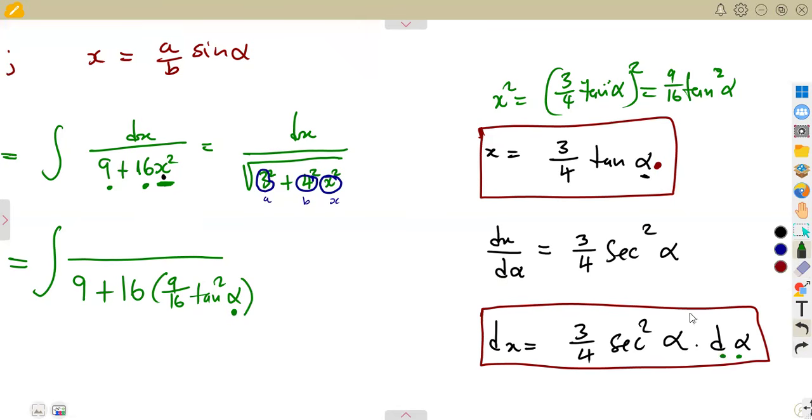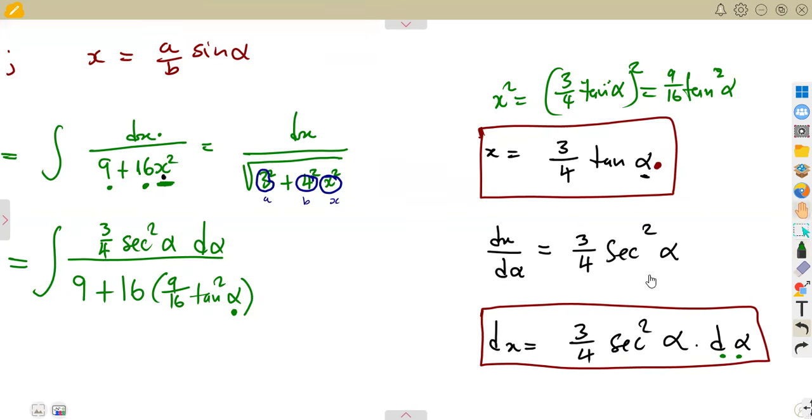So dx in terms of alpha, this is our dx here, you get 3 over 4 sec squared alpha d alpha. So this can be integrated in terms of alpha. Everything that we are given here is in terms of alpha.